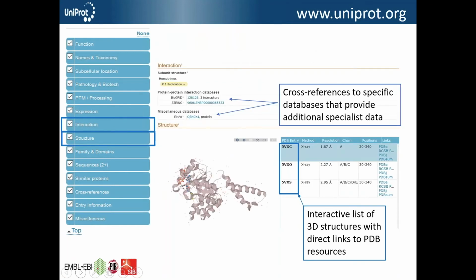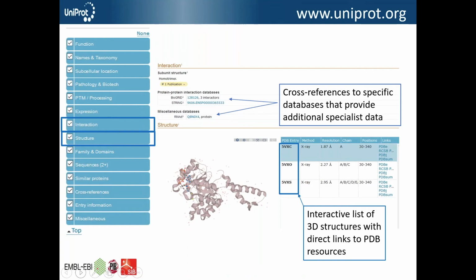Clicking on the interaction and structure tab will take you to sections which will indicate any interactions that your protein may be involved in. Throughout the whole entry page, we have various cross-references that you can click on that will take you to other databases which will provide more specific information on interactions or structures or anything else that you may be interested in.